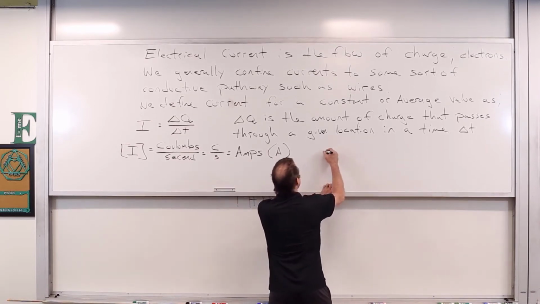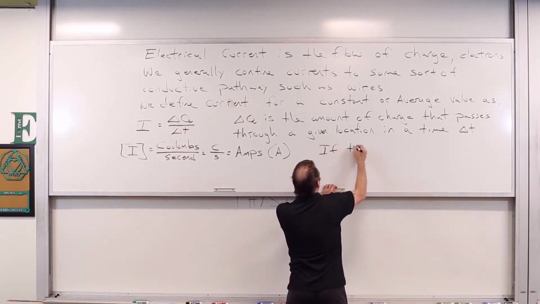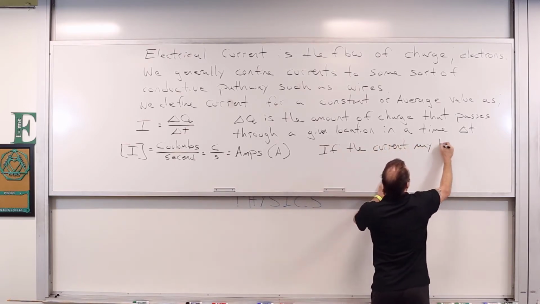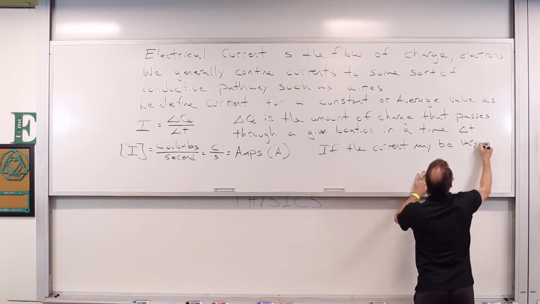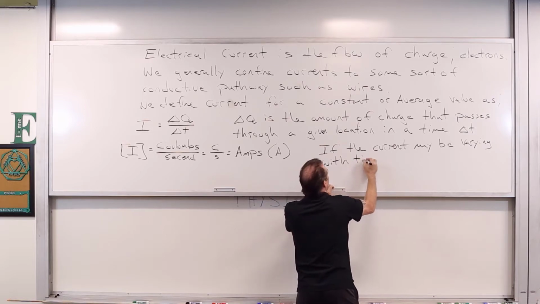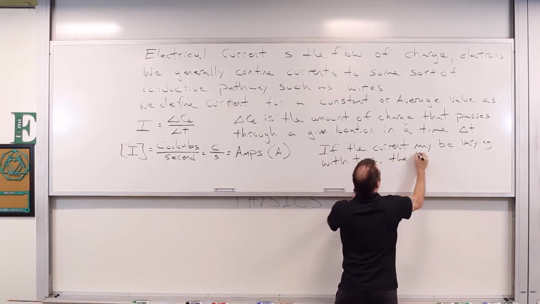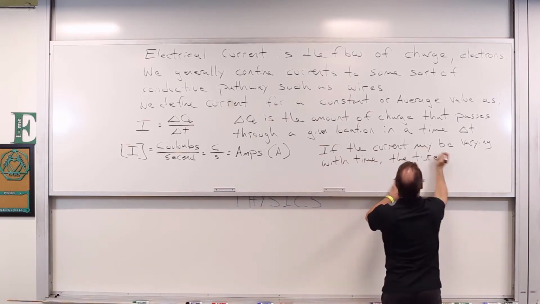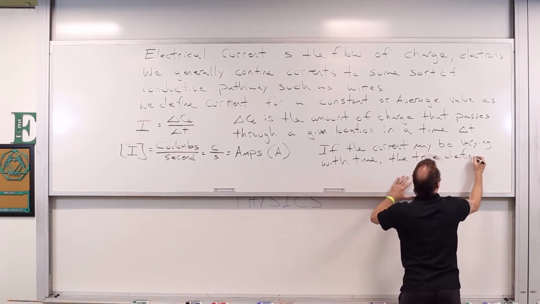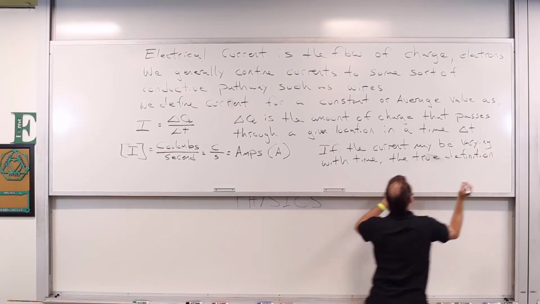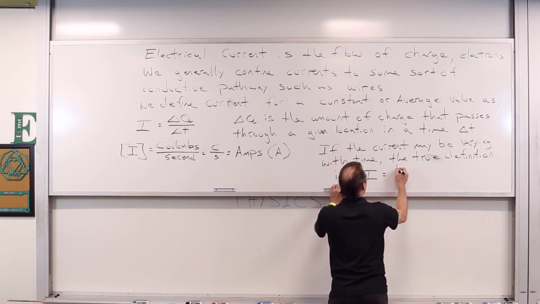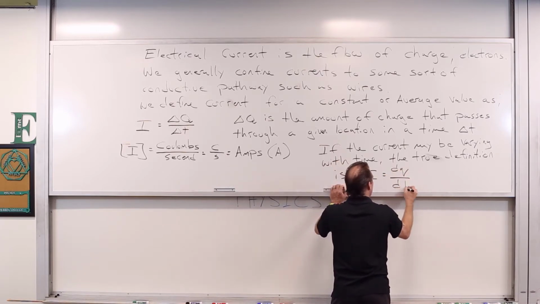So there we go. Well, what else do we got here? Well, we should go ahead and say the current may be varying with time. The true definition is I is equal to dq dt.